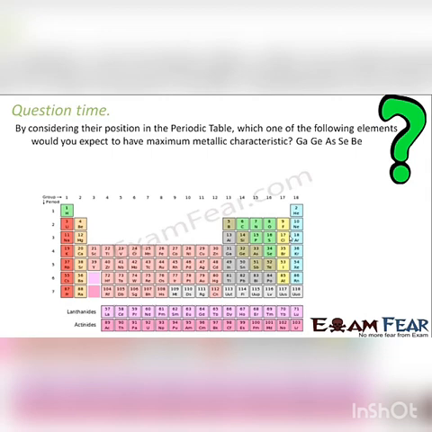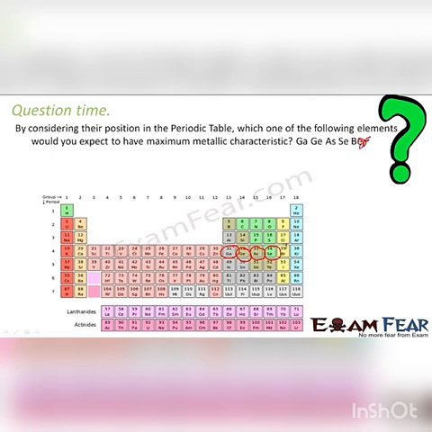By considering their position in the periodic table, which of the following elements would you expect to have maximum metallic character? So I have Ga, Ge, As, Se, Br. It is Br actually.